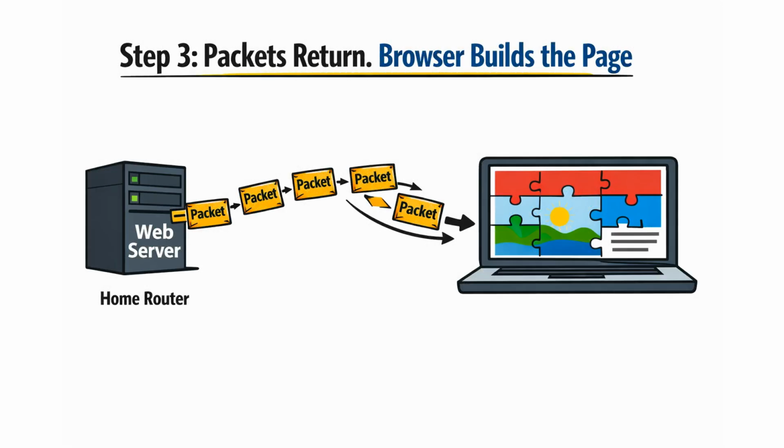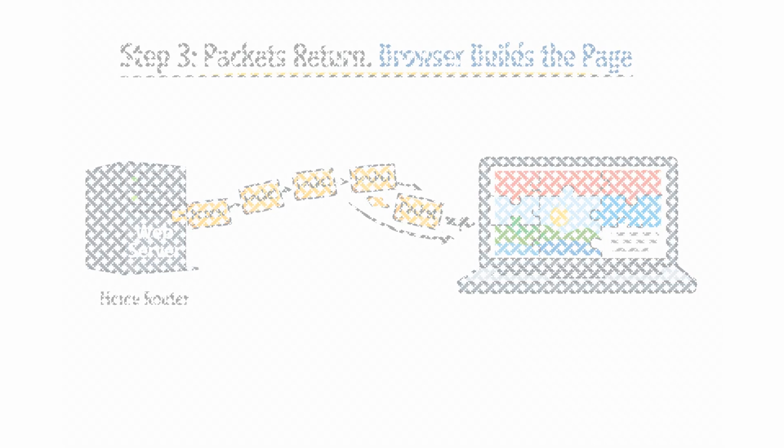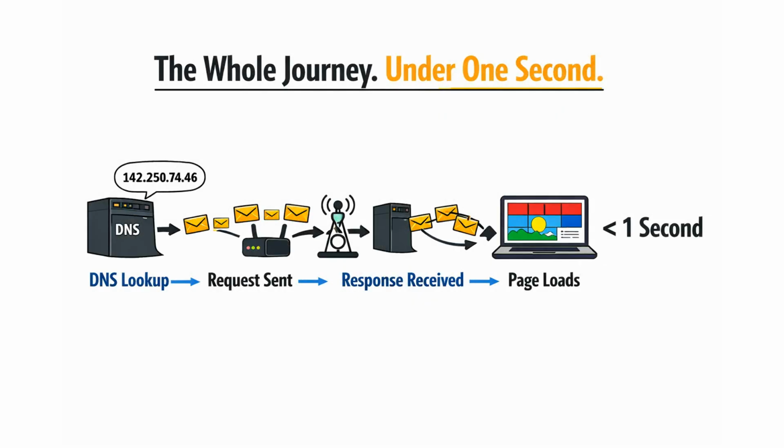Google's server receives your request, grabs the right web page, breaks it into packets, and fires them all back to you. Those packets travel back across the network, reassemble on your device, and your browser renders them as the web page you see. All of that, the DNS lookup, the request, the response, the reassembly, happens in under a second.